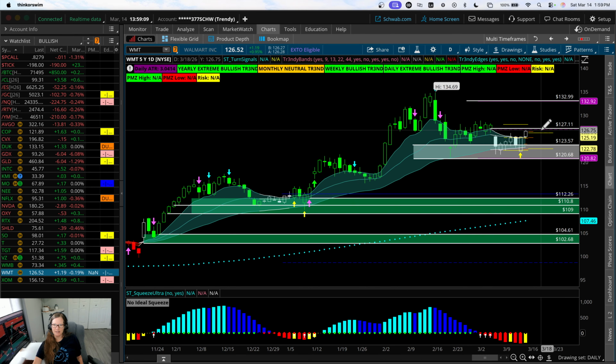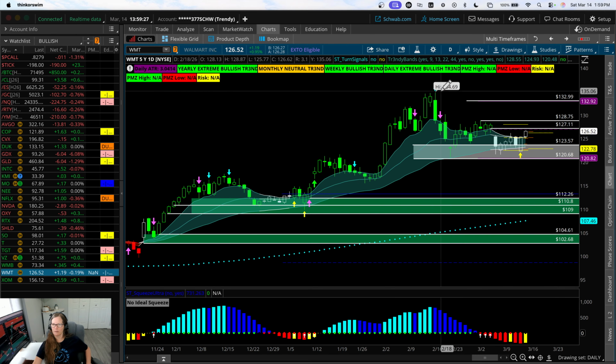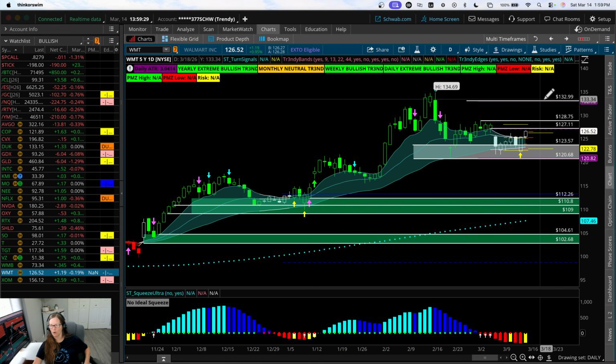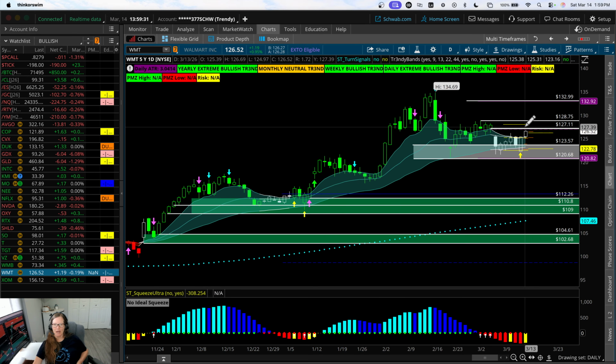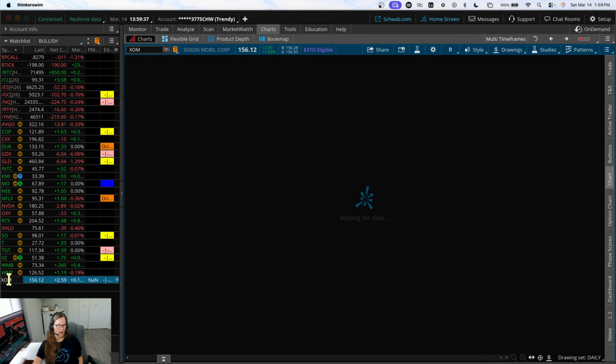Problem is, it's come up to resistance again. Here is the top of that resistance. So I'm not buying here. It would be a dip buy back here and then trimming here and ultimately looking for 133 to 134. All right. So that's an idea for Walmart to play consumer staples.